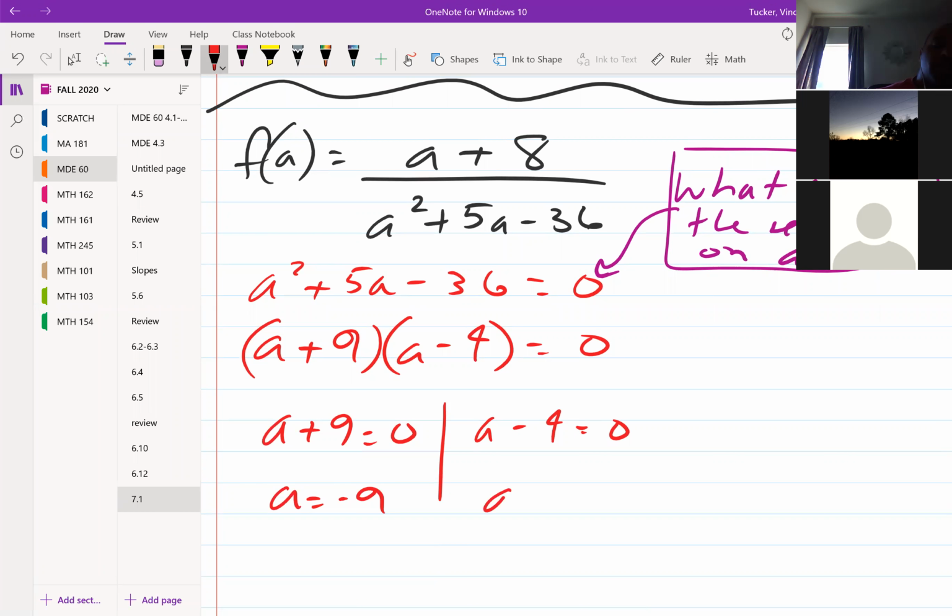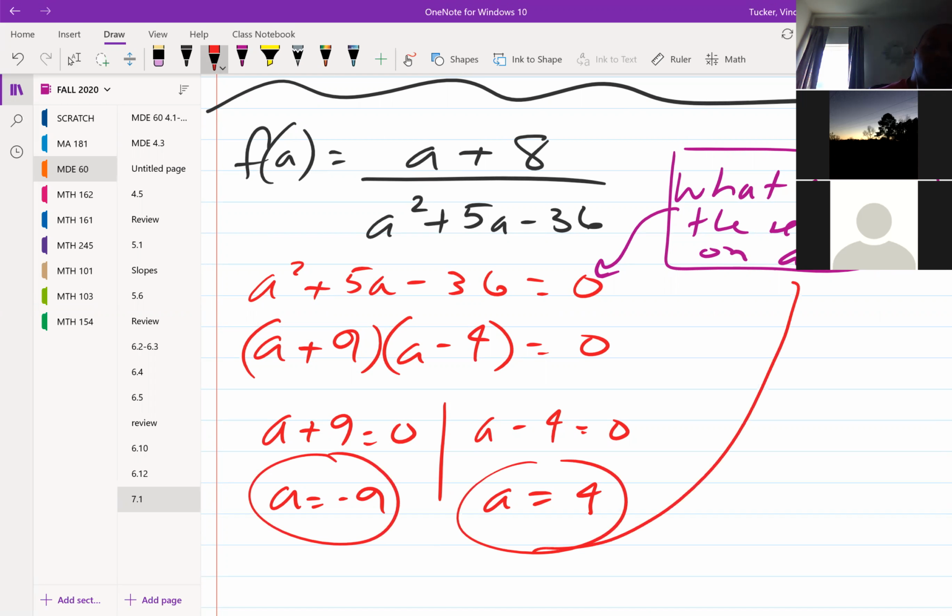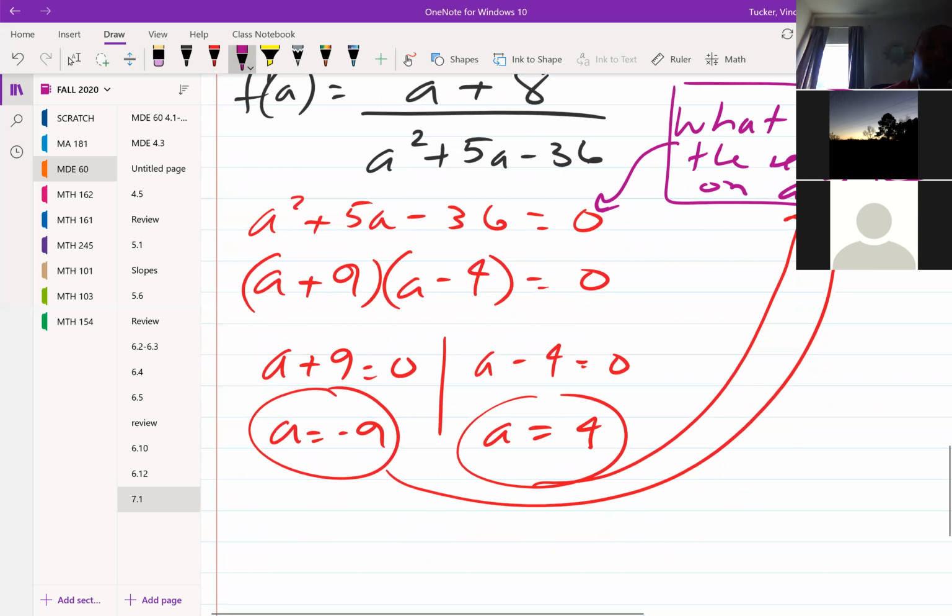You have negative 9 here, positive 4 here. So remember, these are not solutions. These are the values that we cannot use. Questions? Any questions?